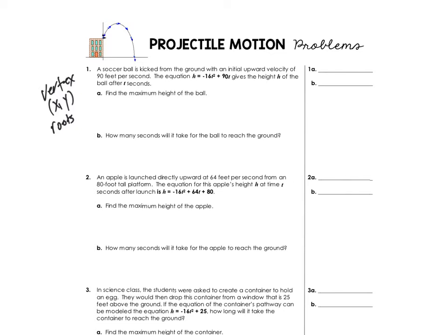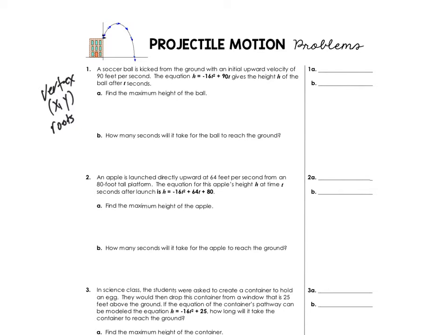So let's get started. A soccer ball is kicked from the ground with an initial upward velocity of 90 feet per second. The equation h equals negative 16t squared plus 90t gives the height h of the ball after t seconds. Find the maximum height of the ball. Well, the maximum height of the ball is the y value of the vertex.